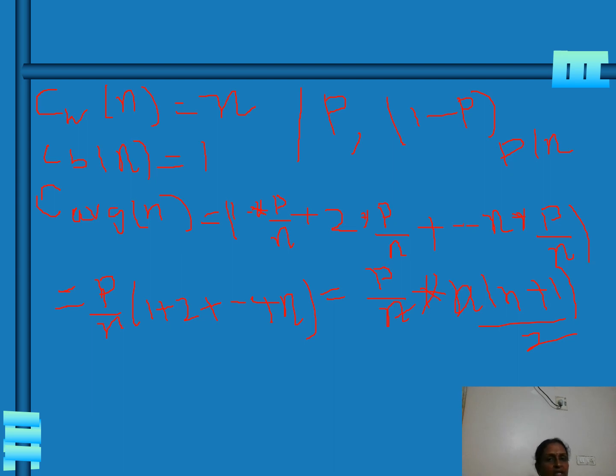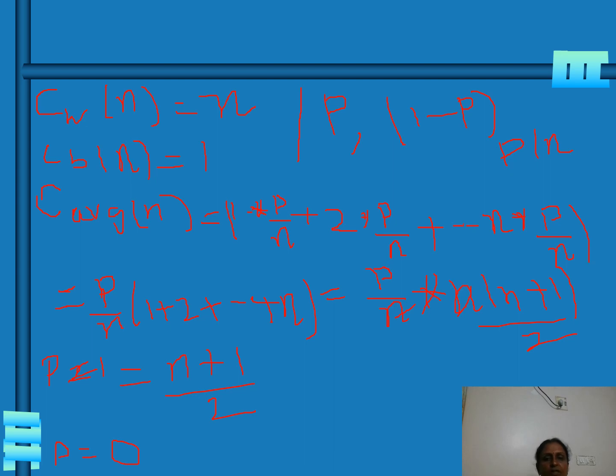Okay. So in the average case, either the search is successful or unsuccessful. If it is successful, p is equal to 1. If you substitute p equal to 1, you will get n plus 1 by 2. So this is the average case efficiency. If the search is unsuccessful, what is the probability? That is 0.